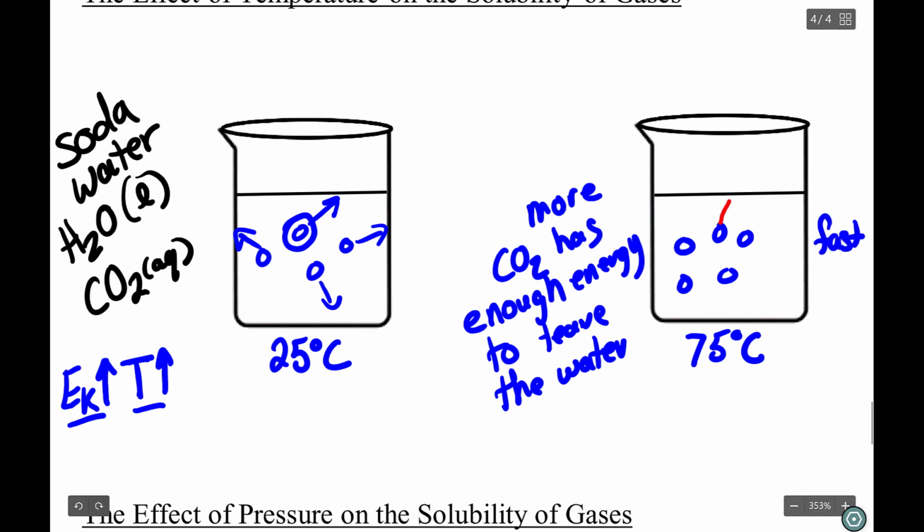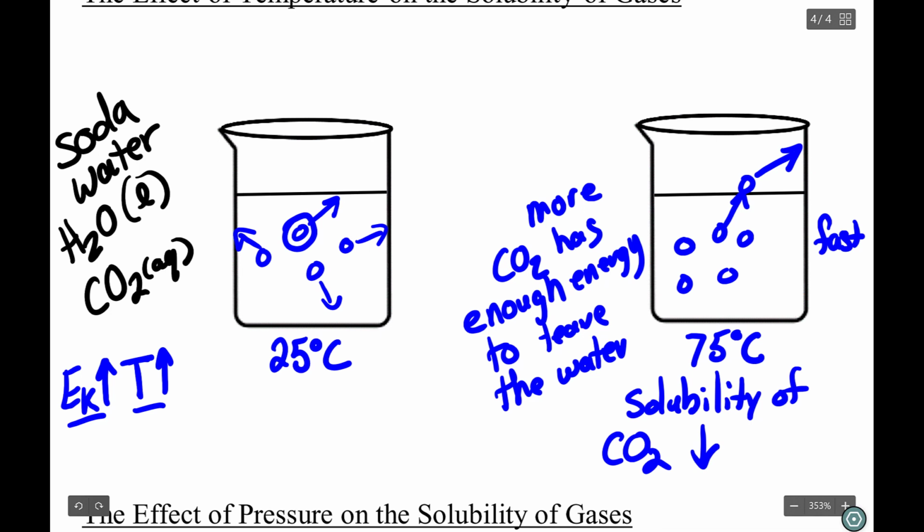And so when they hit the surface, they're more likely to actually leave the surface like that. So they hit and more of them leave. And so the solubility of the gas will decrease as it gets hotter.